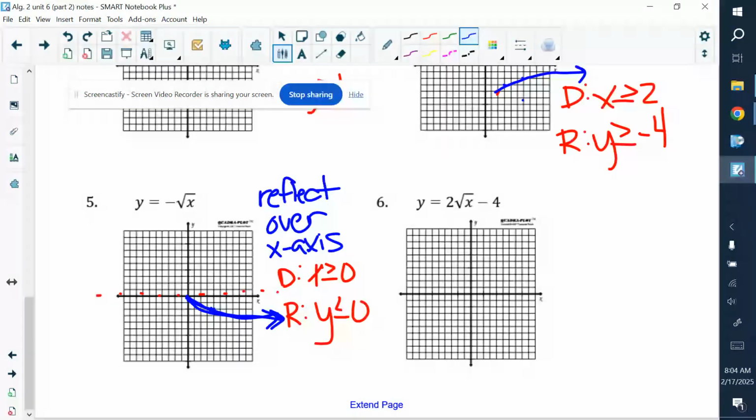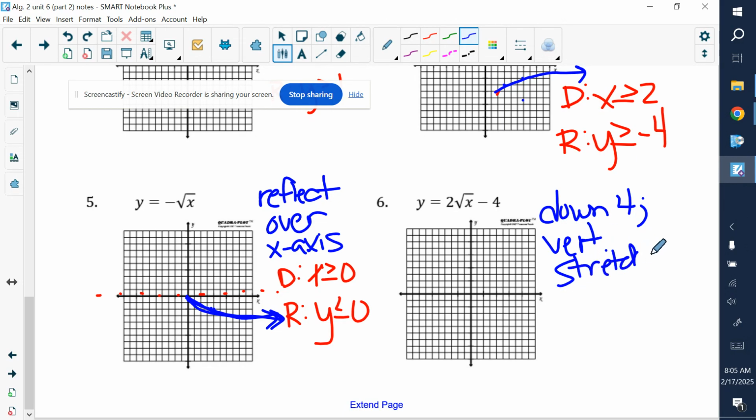All right, last one. We're going to go down 4 because of that -4. And a vertical stretch of 2. So my 0, 0 is now 0, -4.